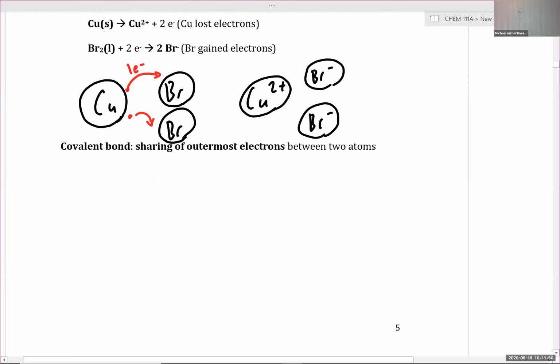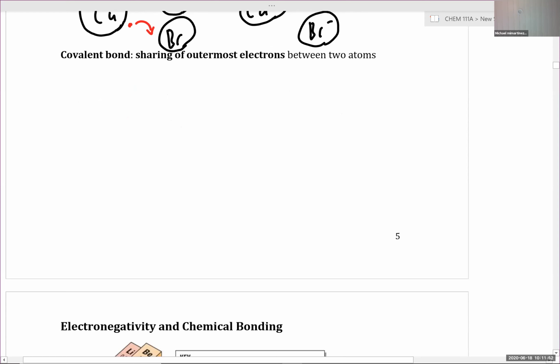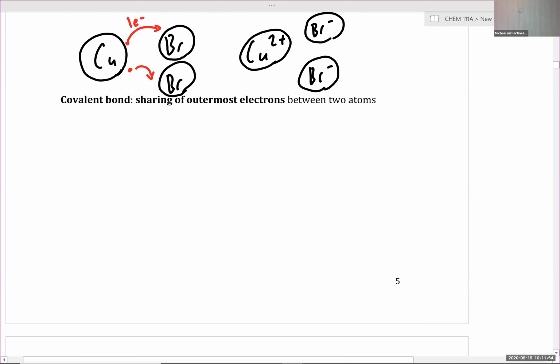So, continuing on with this idea, a covalent bond involves the sharing of outermost electrons between two atoms. So in this case, rather than a transfer of electrons, in a covalent bond, there's an explicit sharing of electrons.